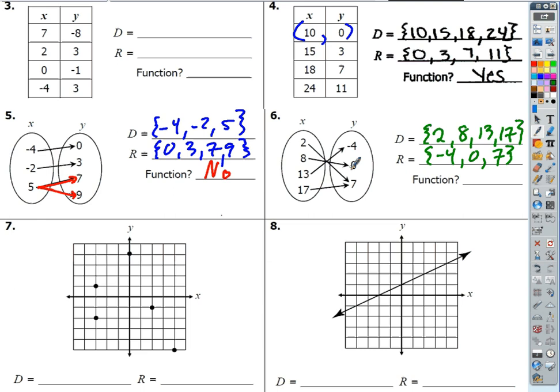Okay, now, what if I've got 10 input values and 10 output values? Can I tell? I can't. It could be either or, couldn't it? Because I could have maybe 2 input values that point to a single output value and also a single input value that points to 2 output values.